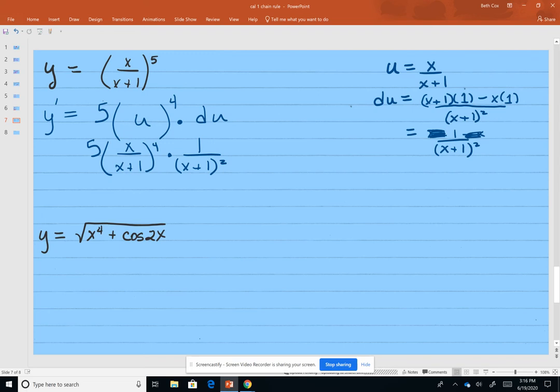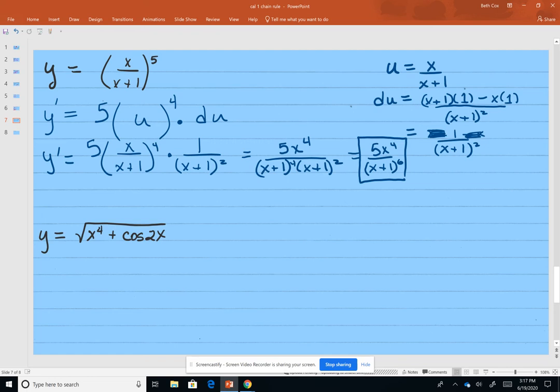Now, let's simplify this just a little bit and see what we get. This is going to be 5x to the 4th over x plus 1 to the 4th times x plus 1 to the 2nd, which if you remember, I can add those together. That is my official answer for y prime here.